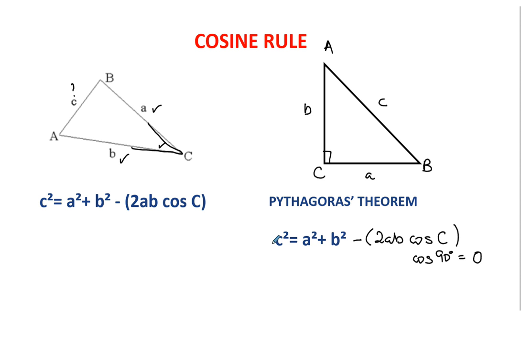So we'd just be going C squared equals A squared plus B squared minus 0. So you can tell we don't actually need this part. So you can tell the formulae are exactly the same. All right, I'm getting more excited than you.